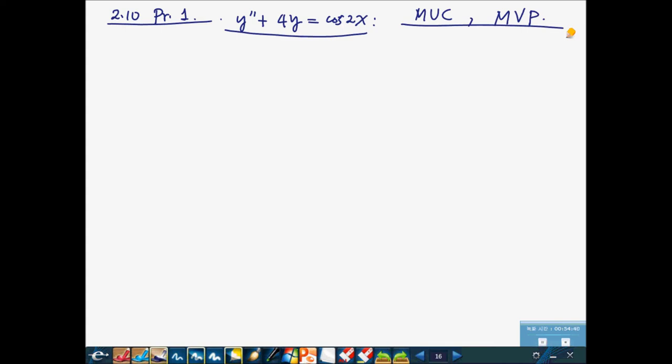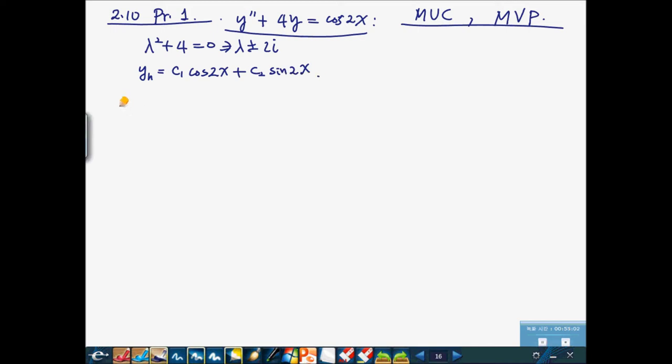Alright. So lambda squared plus 4 is 0. So it's plus minus 2i. So y homogeneous is c1 cosine 2x plus c2 sine 2x. Okay?